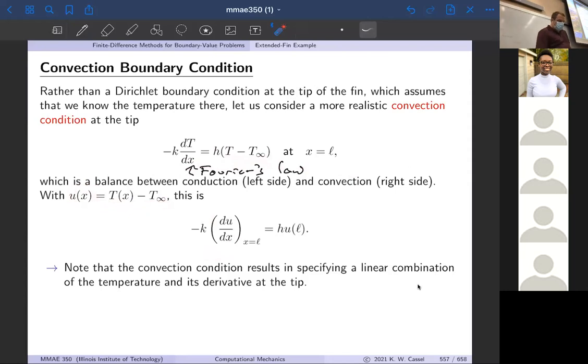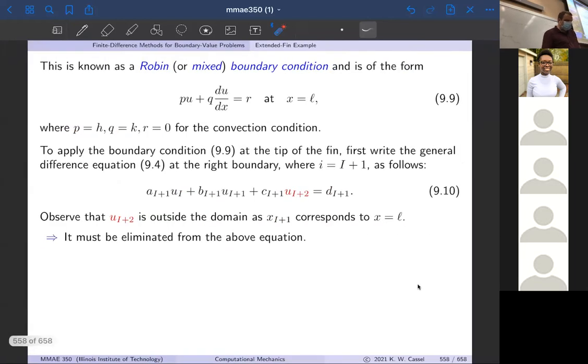So you'll notice before we had u being specified at the tip, so u is equal to something. Now we have a linear combination of u and the first derivative du/dx being specified. So that is called a Robin condition or a mixed condition. And that represents, again, convection at the tip. So that's a much more physically motivated boundary condition.